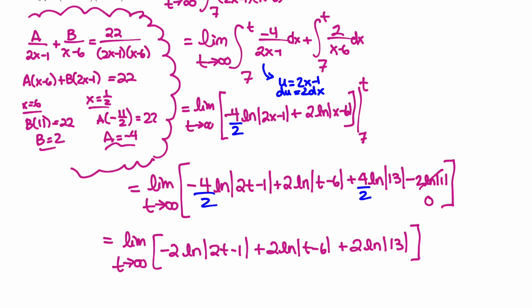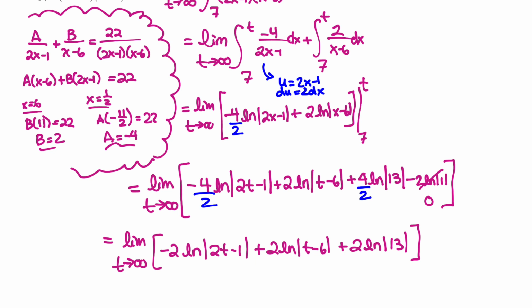Step number 1. You could factor out a negative 2 or a positive 2. Let's just take out negative 2. If I take out a negative 2, then I'm left with 2 logarithms, right? I'm just saying this is A, this is B. Then I have ln of something minus ln of something.